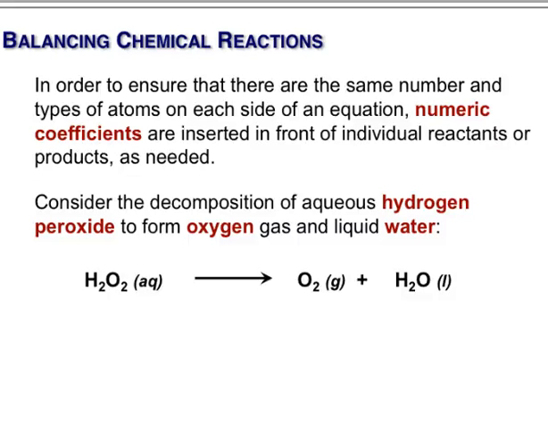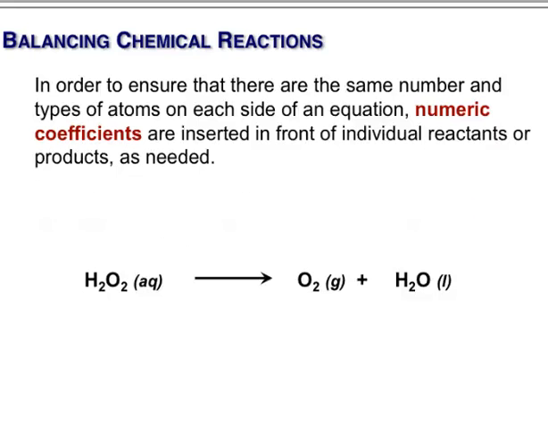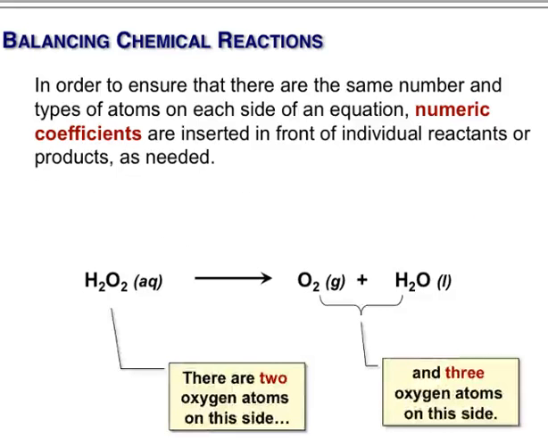But if you note, this equation is not balanced, is it? If you look at this side, we have 2 hydrogens and 2 oxygens. If we look at this side over here, we have 2 hydrogens and 3 oxygens. So this equation is not balanced.